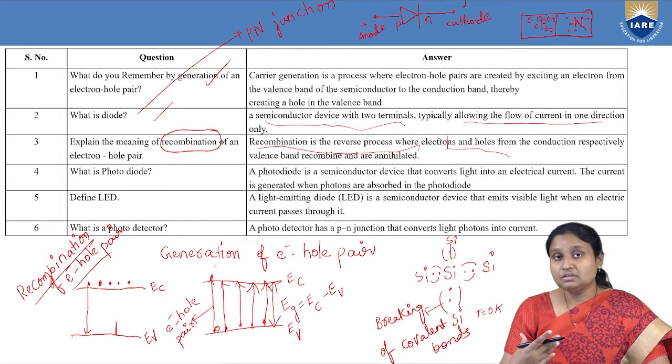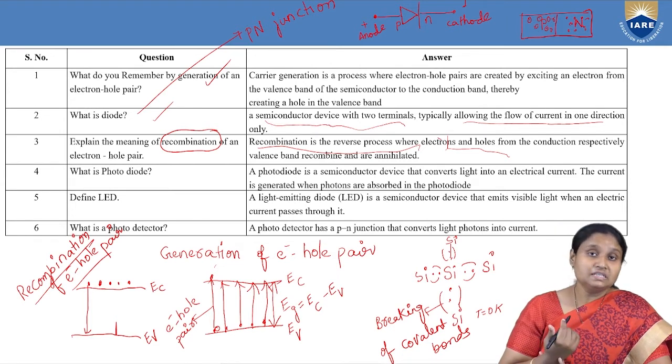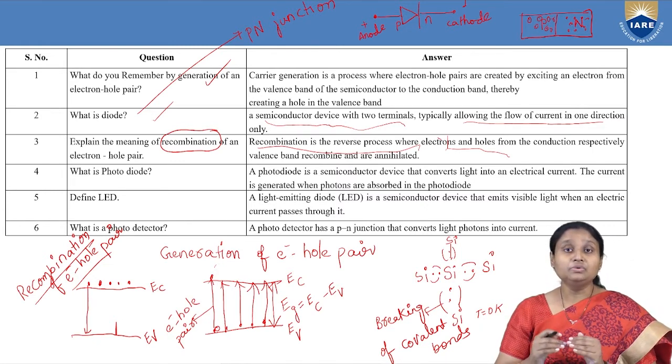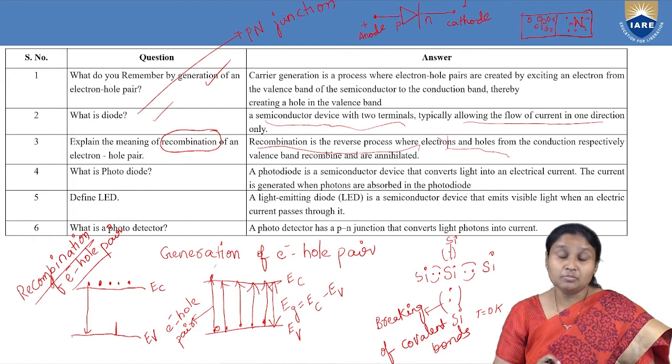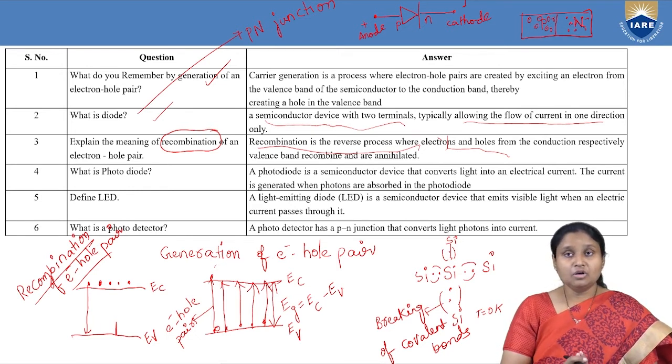In generation, we see that the electron and hole gain energy and take part in conduction. But in the recombination process, a free electron and a free hole lose their energy and become immobile charge carriers. So they become neutral, they combine. Such a phenomenon is called recombination.